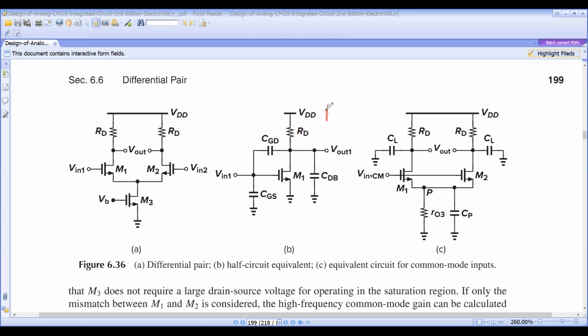This gain, Acm minus dm, is equal to what we found there: delta Gm times RD divided by (Gm1 plus Gm2) times RSS plus 1. This is the formula we calculated in the differential amplifiers module. Here delta Gm is equal to Gm1 minus Gm2.